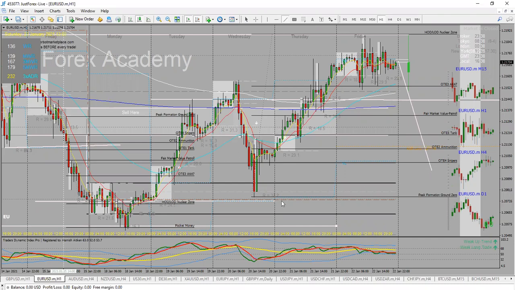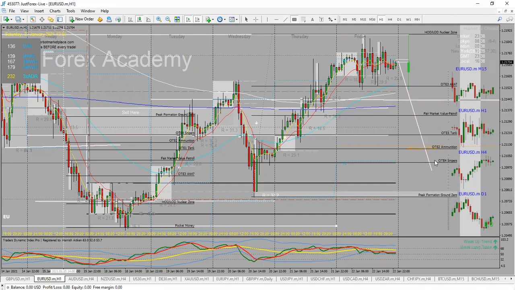and test this zone and or either come to test this week. If this week becomes my intent, then I'll be expecting the market to test at least 50% of this area before they rise.